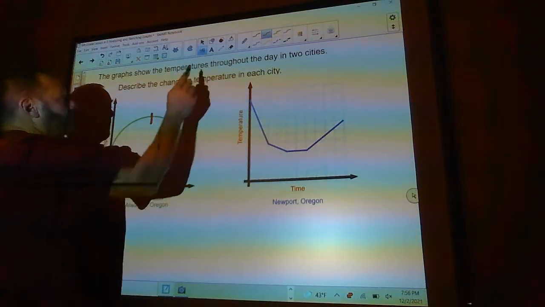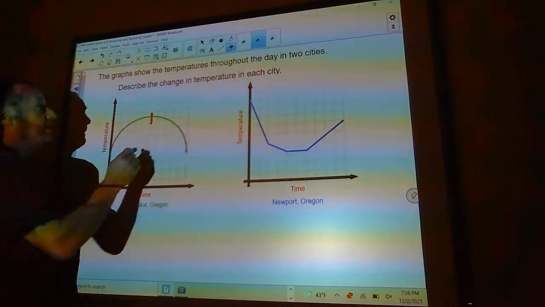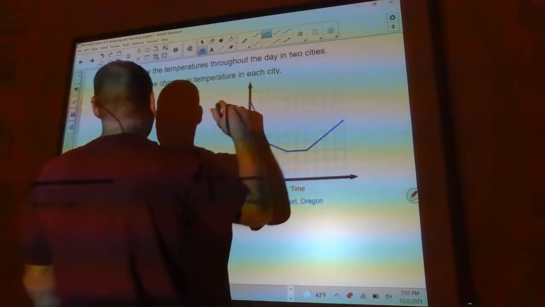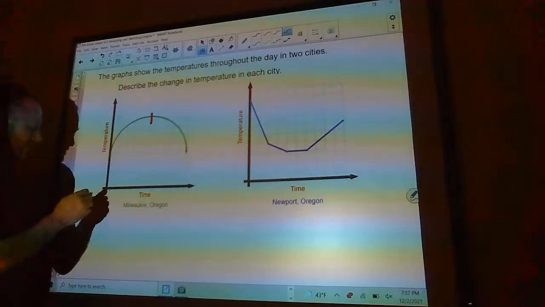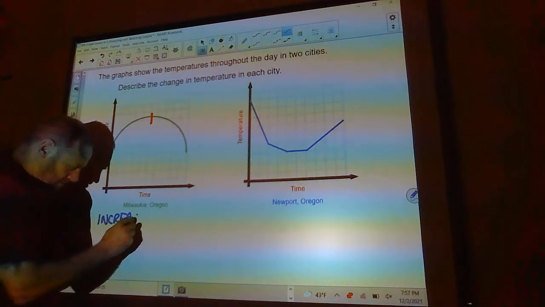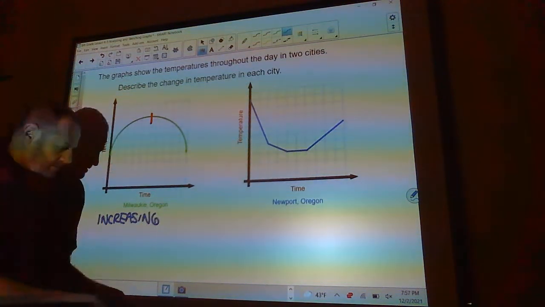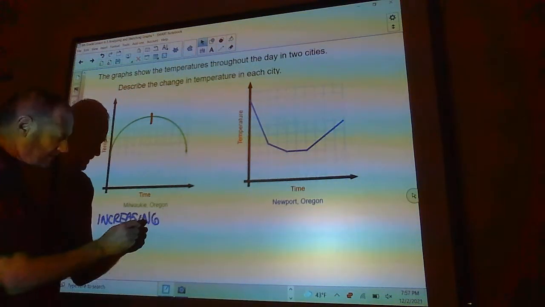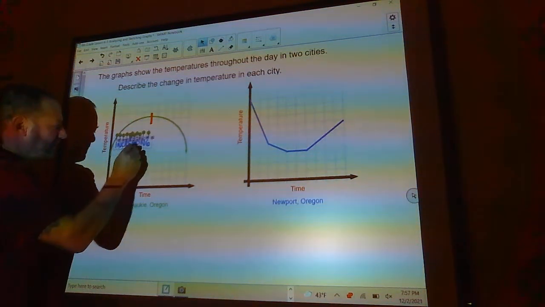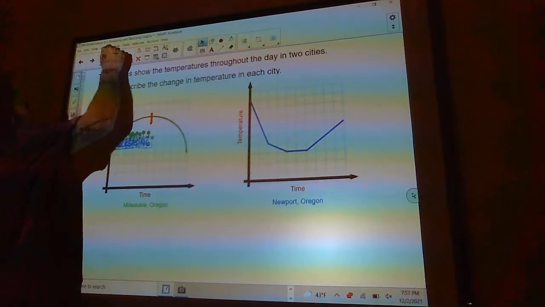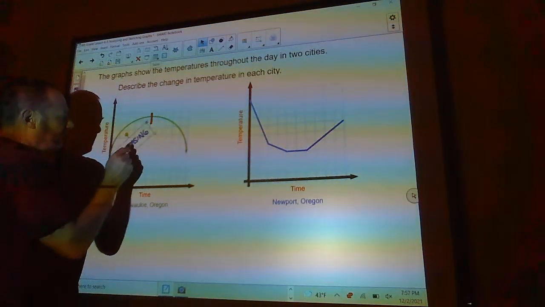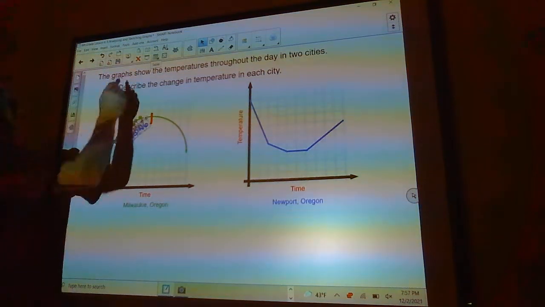You know what, that's really hard to read, so let's try this a different way. It's increasing along here.